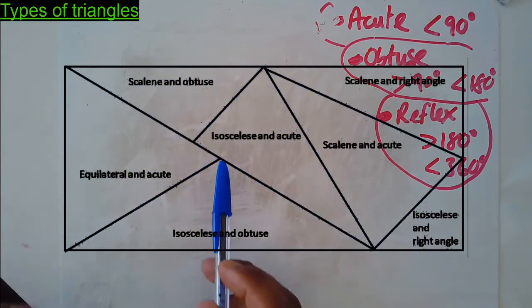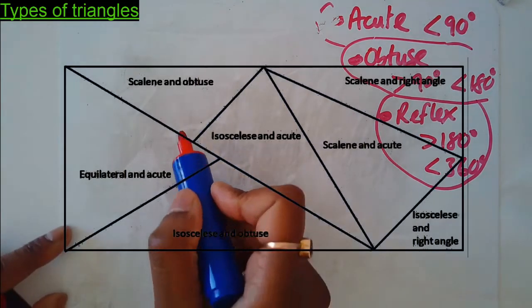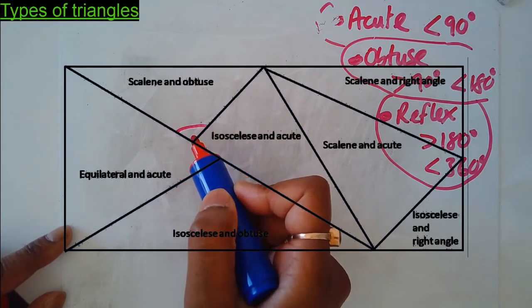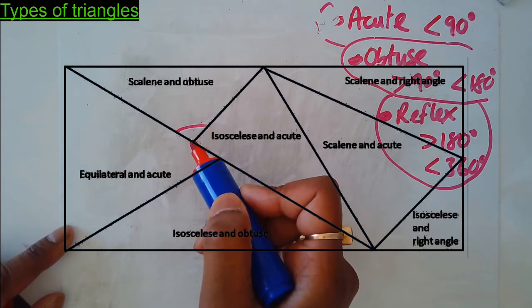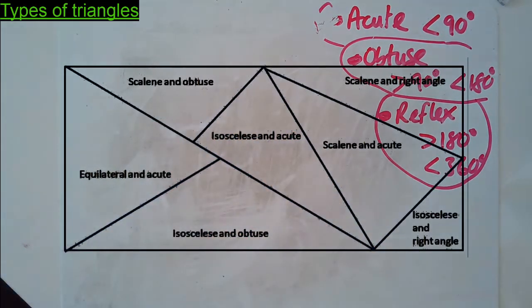Right, looking at this angle over here, I'll put a mark there. It's hard to tell if that is a right angle, maybe acute, obtuse. Well, we need to test it out. So what I'll do is get my cardboard.